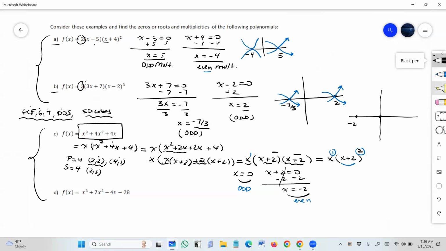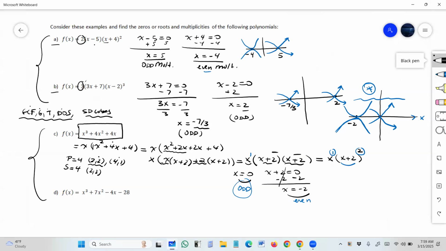At the minus 2, the graph would bounce back, either from positive to positive or negative to negative. And at 0, it would cross the x-axis, either from negative to positive or positive to negative. So we found the roots, we found the multiplicities, and when we're ready to graph, we know the behavior of the function through the roots.